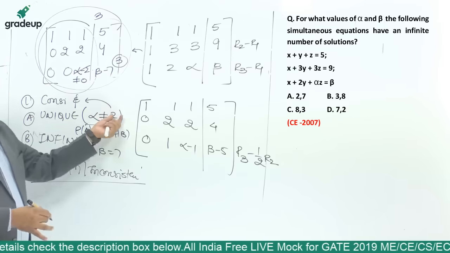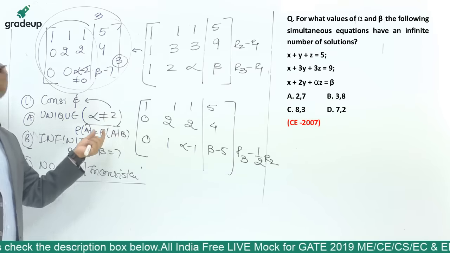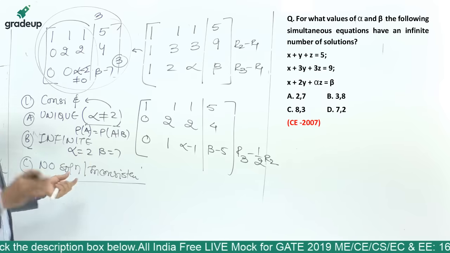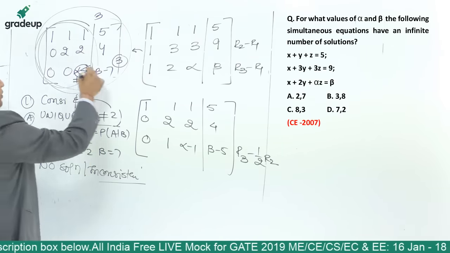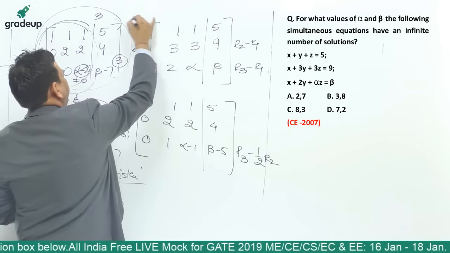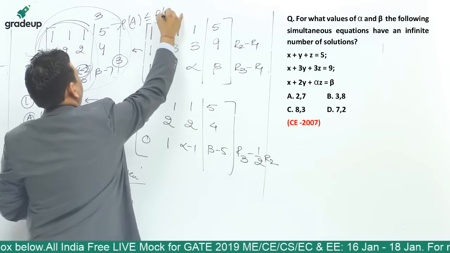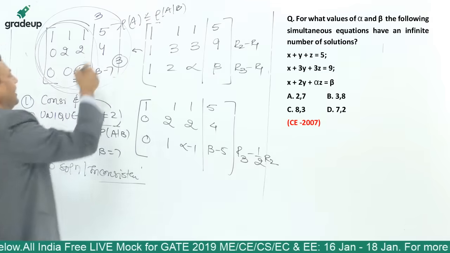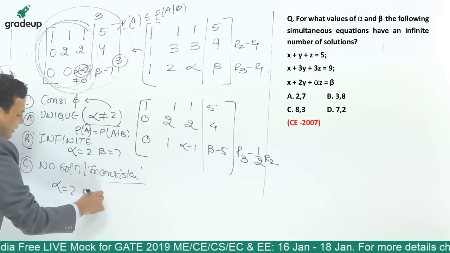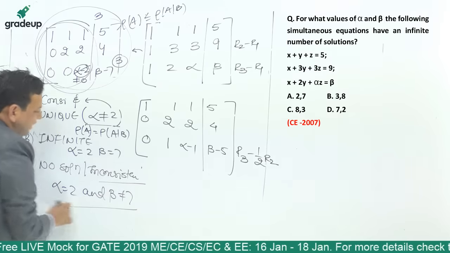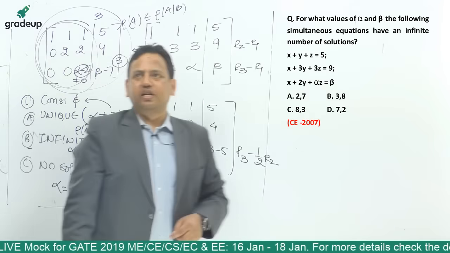Everybody is writing beta not equal to 7; but if beta is not equal to 7 you won't get infinite solutions. Now for no solution, A is a submatrix of the augmented matrix, so the rank of A must be less than the rank of the augmented matrix. So alpha should be equal to 2 and beta should not be equal to 7. This is for no solution.